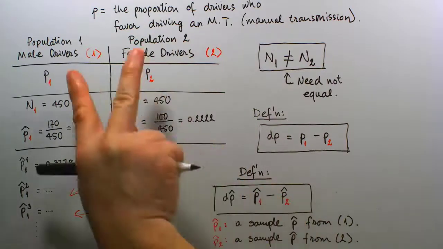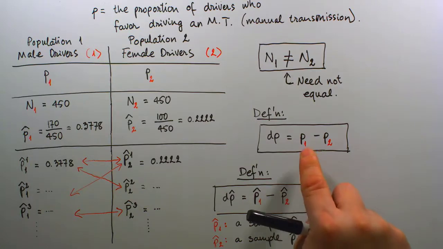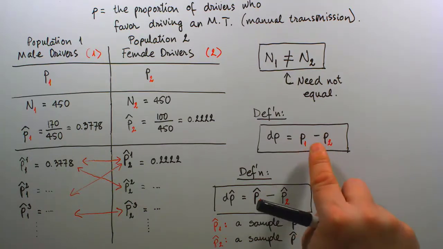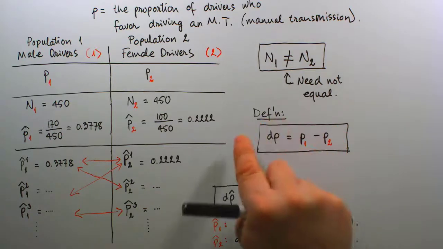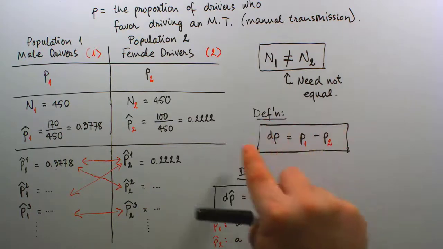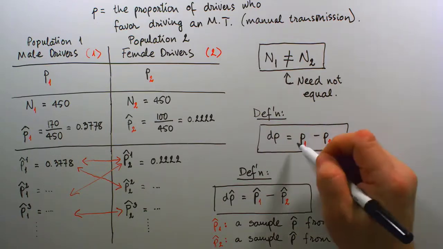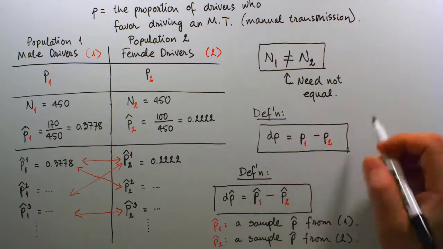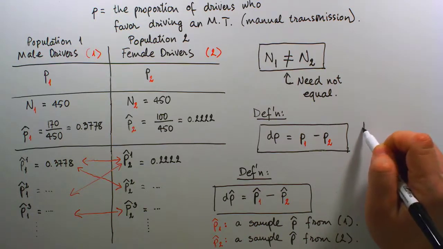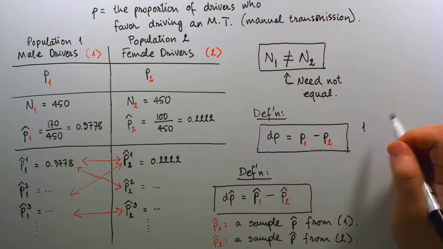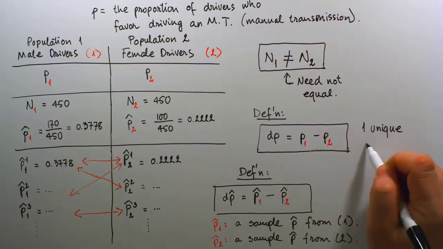It could have been the other way right from the beginning, but we always want the value from population 1 minus that value from population 2. So now I tell any viewer, any of my students, that once we have defined it, this value dp can only have one unique value.